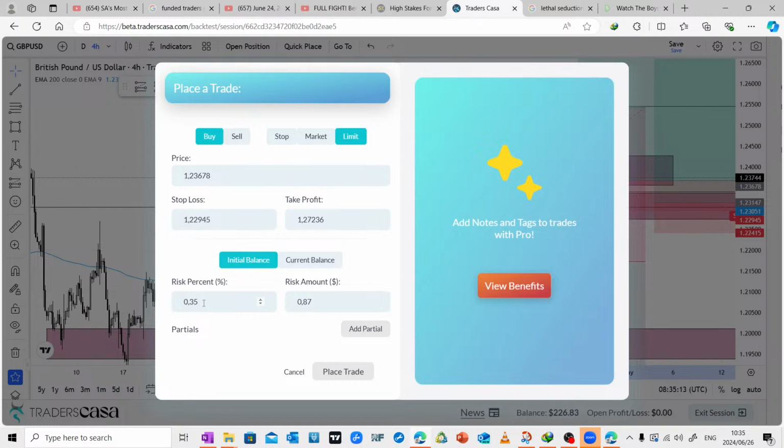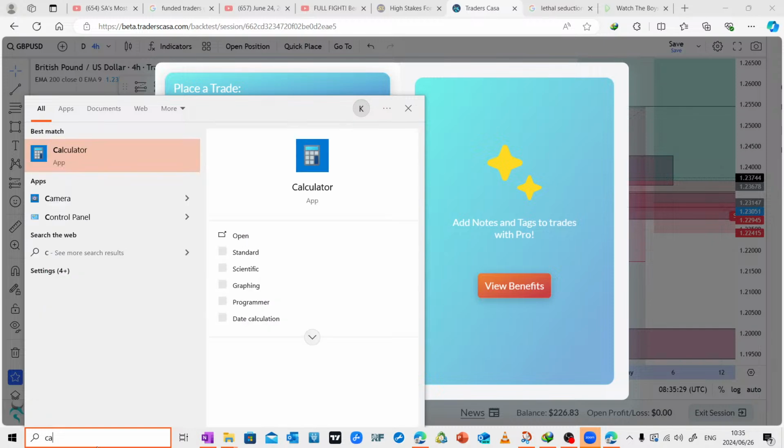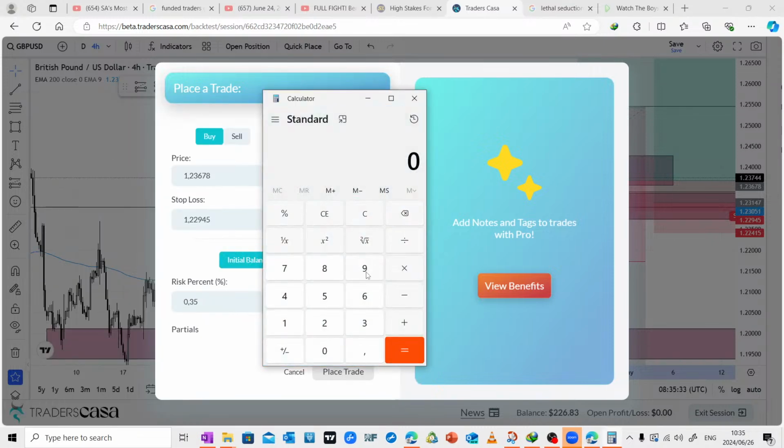So usually what I do is I risk what? This is equivalent to having a daily loss of, let me just pull up my calculator. So what I do is I risk 14% of the daily loss.